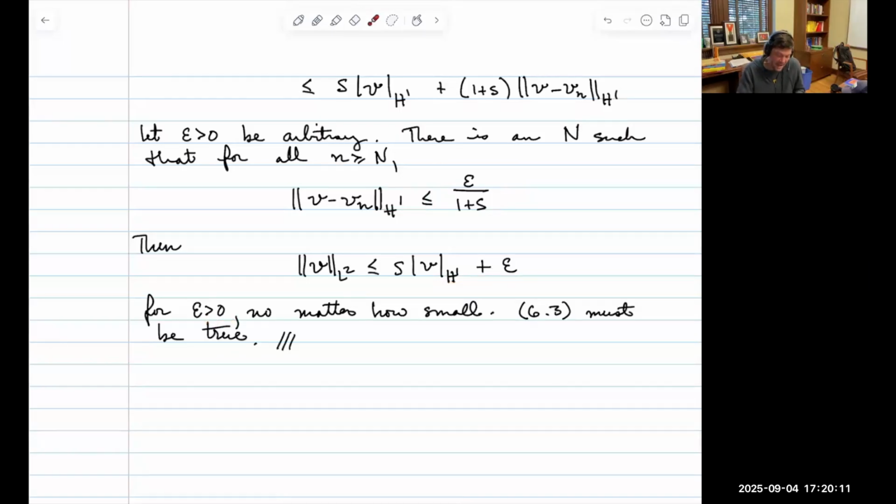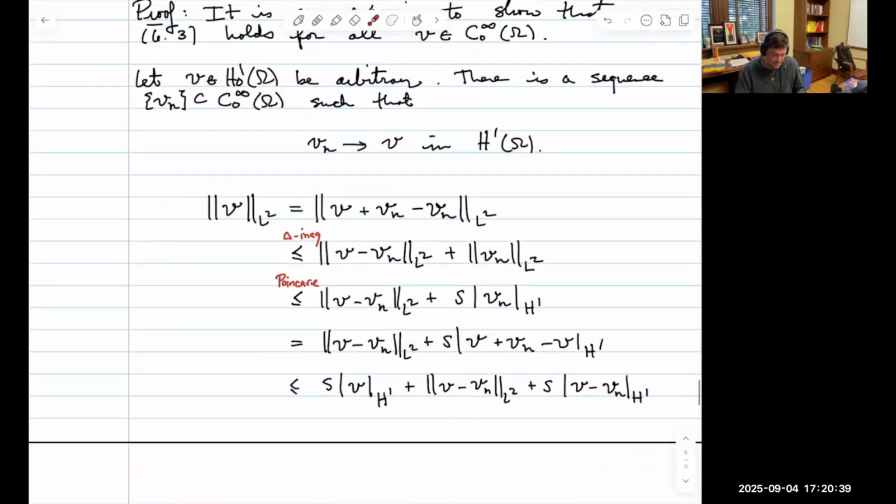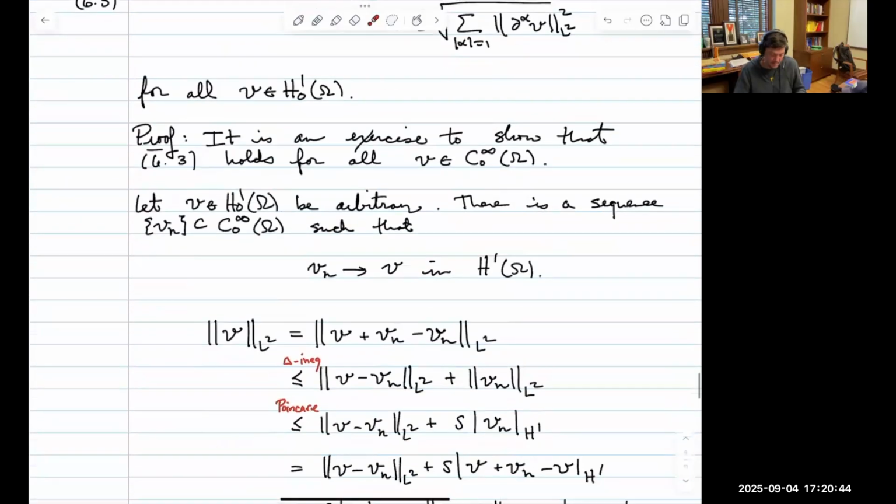You can show that if A is less than or equal to B plus epsilon for any epsilon greater than 0, that implies A has to be less than or equal to B. I encourage you, if you've never seen the proof of that, to do it. But we're done, because now we have exactly what we wanted. That is to say 6.3 is true, and that's precisely the Poincare inequality that we wanted to prove.